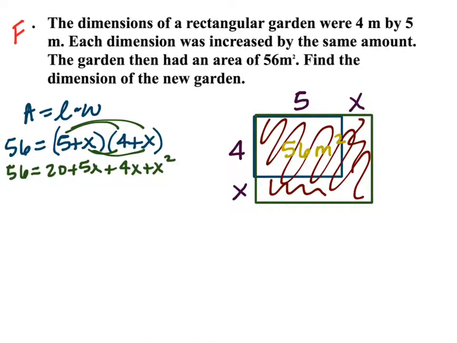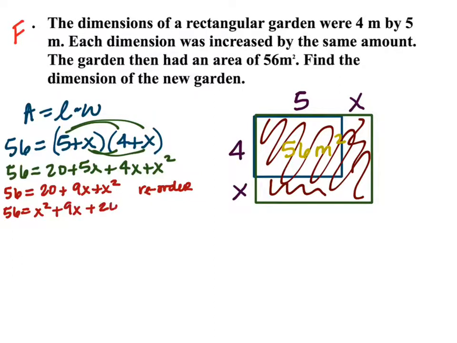I always like to have my highest exponent in the very front as my first term. So simplifying, I have 56 is equal to 20 plus 9x plus x squared, and then reordered, 56 is equal to x squared plus 9x plus 20.